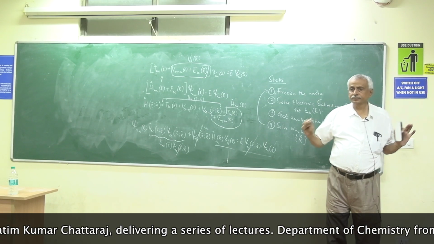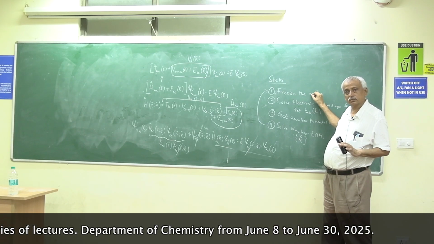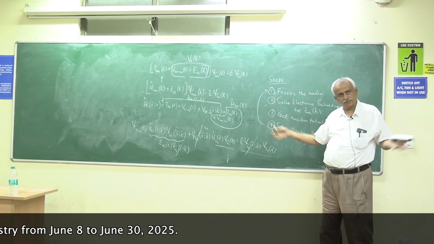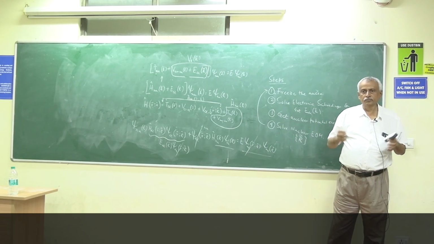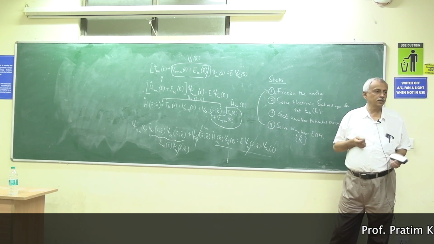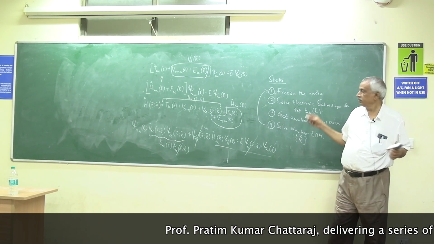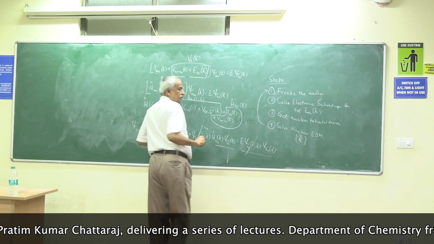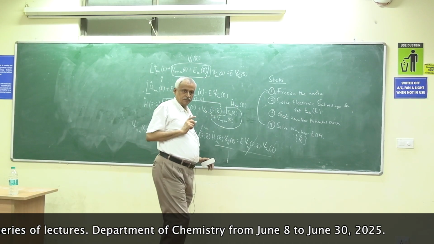You freeze the nuclei. You get the nuclear coordinates in the frozen nuclear framework that you start with, whatever your chosen initial geometry, that gives you your first capital R vector, and that is frozen. With that frozen framework, you calculate the electron nuclear attraction, solve the electronic Schrodinger equation, and get the electronic energy.